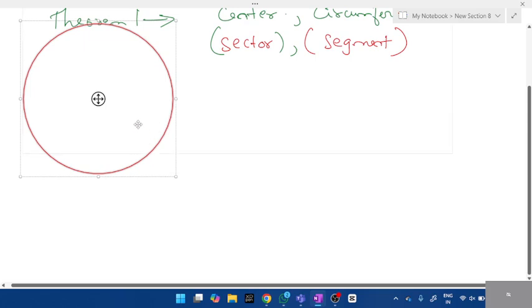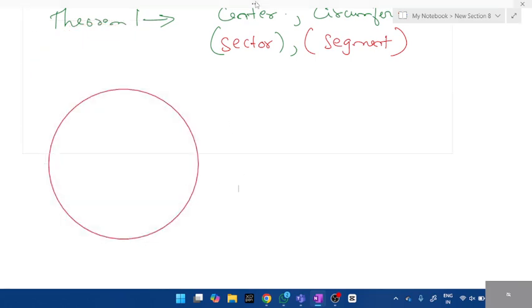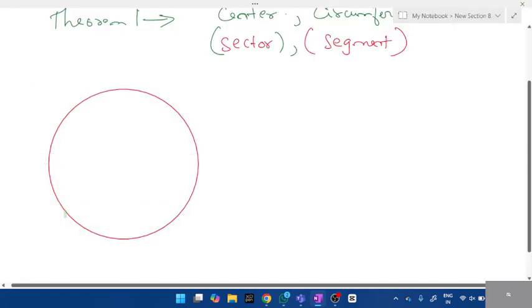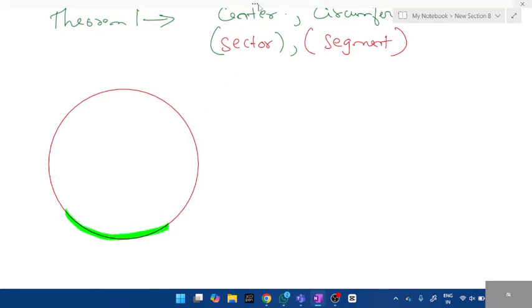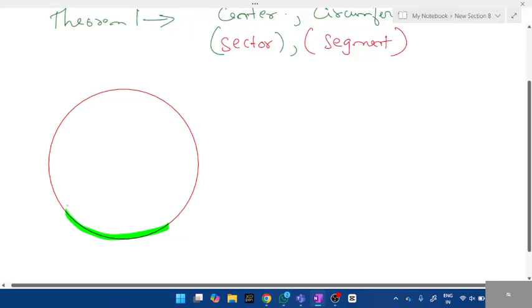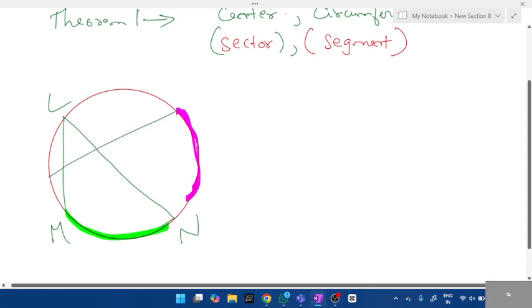Okay. I'll explain what doesn't form a segment. Look here. Let me draw an arc here. This is one segment. I'll take another arc here, like this, and draw another segment like this.